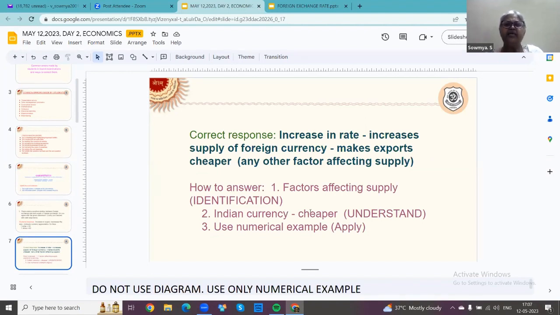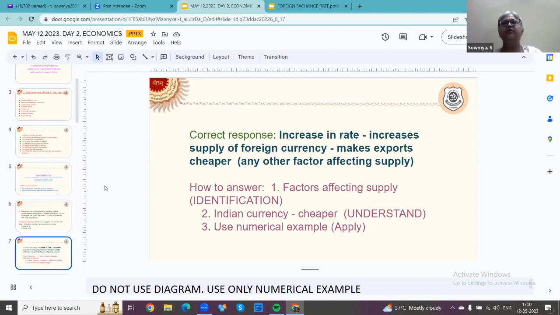Fine. So the Indian currency for the other country, what does it become? Cheaper. Yes. So the Indian products are going to become cheaper. Indian currency for the rest of the world is going to become cheaper.